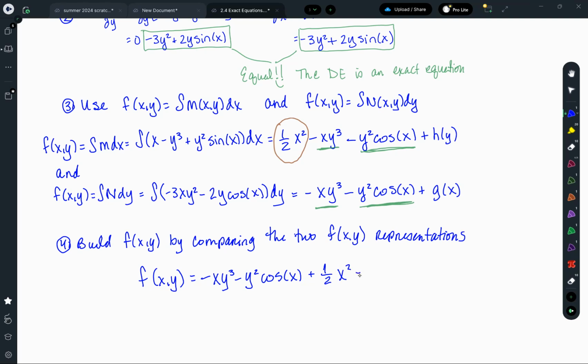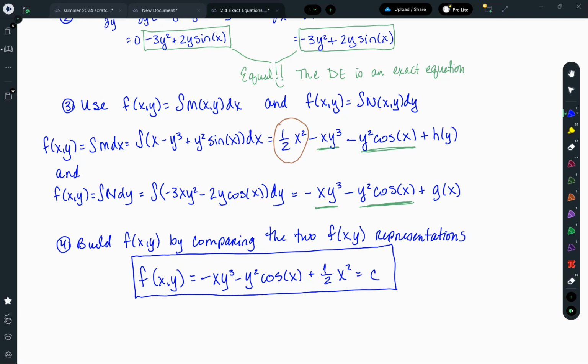This is equal to some c. So we actually do need a constant for a constant of integration. C could have been 0, but we need it there. If we had an initial condition, we could evaluate what C is. But for now, this is the solution or the family of solutions to the exact equation that was given.